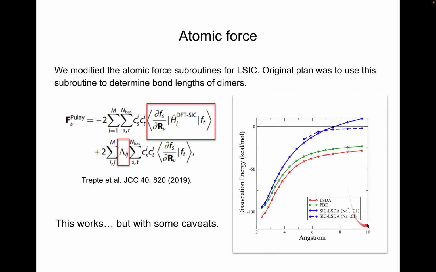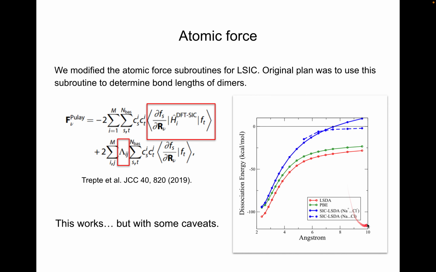For the LSIC calculation, you need both the scaled Coulomb terms, and you also need the unscaled Coulomb term. So you have to run the Coulomb subroutine twice to get each of these. So this is a potential downside in terms of computational cost. And for the LSIC LDA, either potential mixing or Hamiltonian mixing can be used.